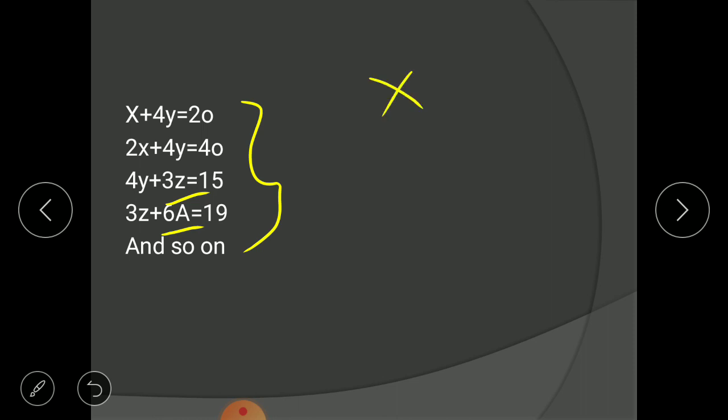You can get the value of x, y, z and a. So after getting these values, out of these four variables we can assume that two are endogenous and two are exogenous. So each endogenous variable is predicted in terms of exogenous variables, and finally the predictions will be made.